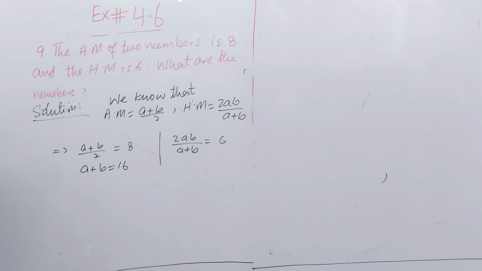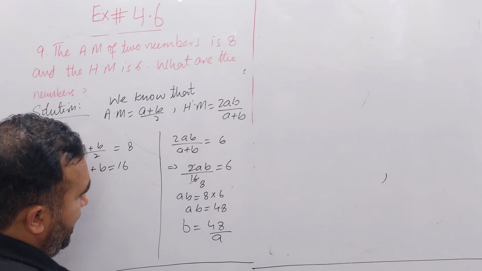Now take the value of a or b from this equation and put that value in the other equation, then we will be able to find the value of one variable. If we shift a to the other side, we have b is equal to 48 divided by a.